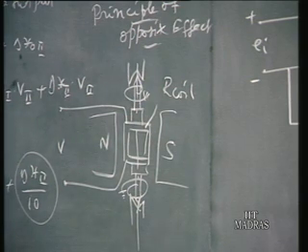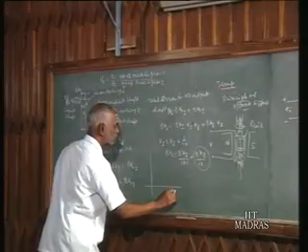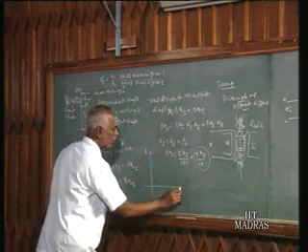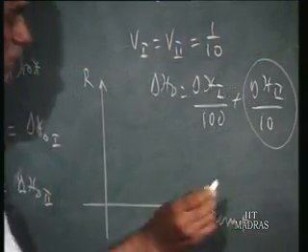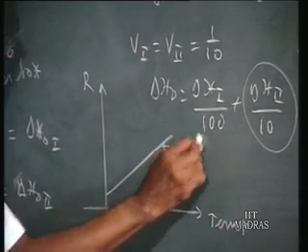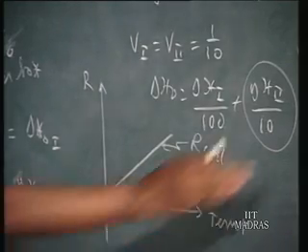Now due to temperature what happens, R coil increases. So it increases somewhat like this: R resistance with the temperature. So when temperature is increased, R coil is increased.